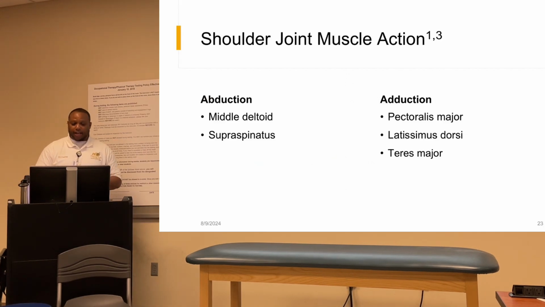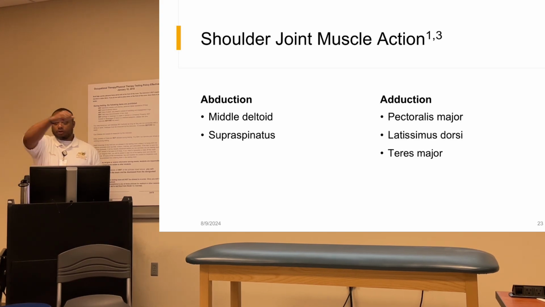Shoulder joint muscle action for abduction and adduction. So for coronal abduction, we know that's the middle deltoid and supraspinatus muscle. And for adduction, we know there's the pectoralis major, latissimus dorsi, and teres major. And so when we say adduction for pectoralis major, what type of adduction are we talking about?